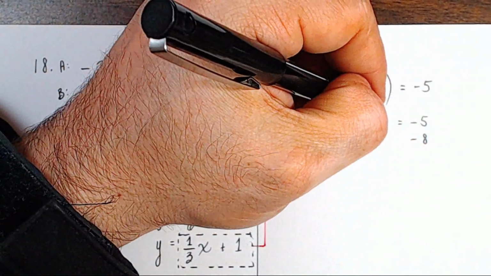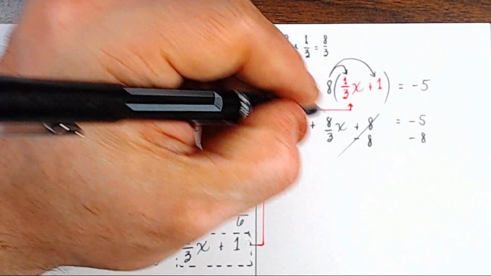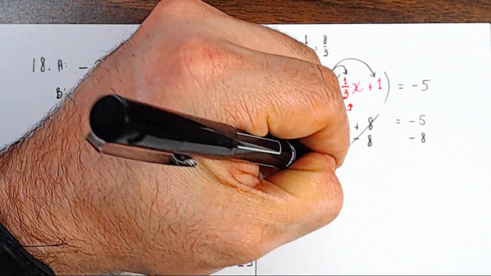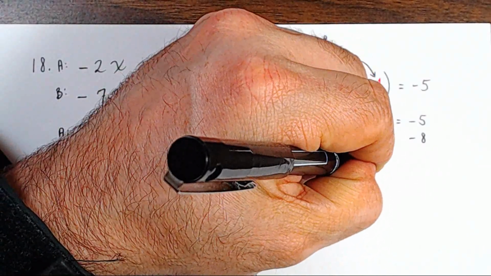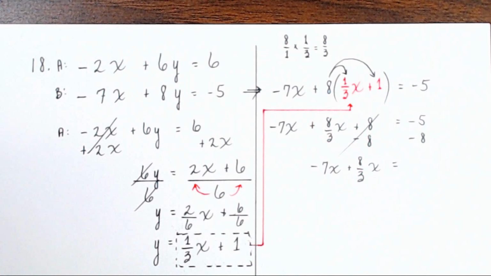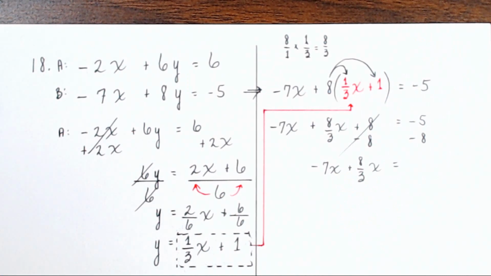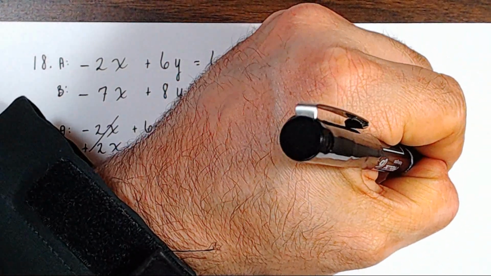And that will cancel the 8 on the left. Now I'll rewrite what I have. I have negative 7x plus 8 over 3 x equals -5 minus 8. What's -5 minus 8? -13.